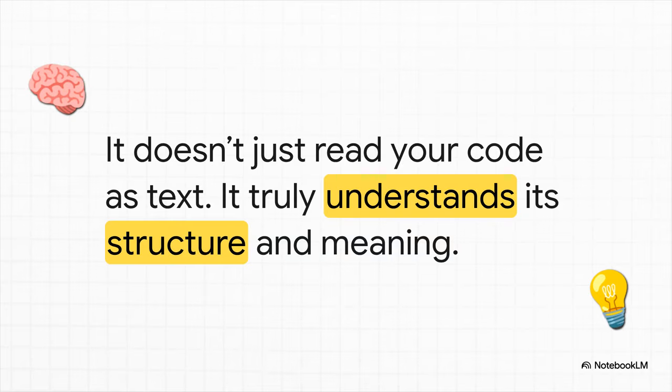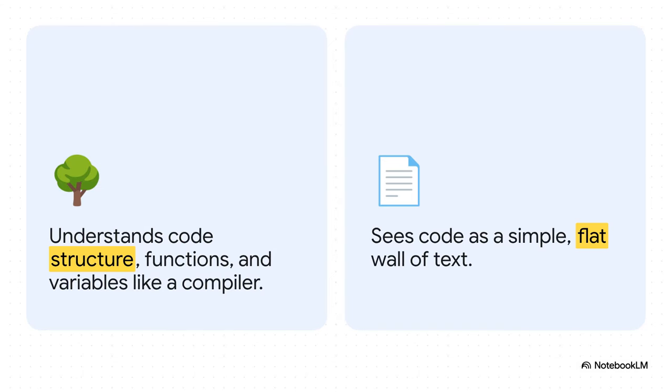Now this is the key differentiator. So many AI tools out there see your code as just a flat wall of text. Sure, they might be great at predicting the next word, but they don't have a true, deep understanding of what's going on. vtcode takes a fundamentally different and way smarter approach. And this slide just nails that difference. On the right, you've got your basic text analysis. On the left, semantic analysis, powered by tree sitter. Think of it like this.